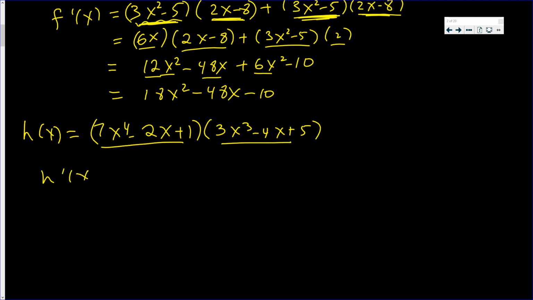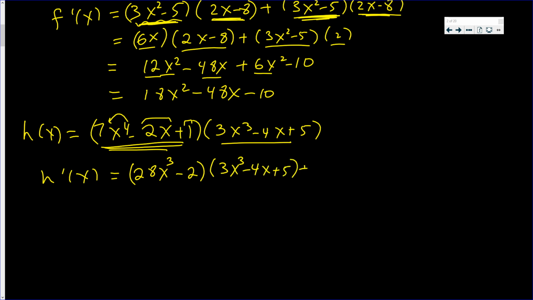The derivative says take the derivative of the first function, which is 4 times 7, make the new power 1 less, minus the derivative of a constant times x is the constant, and the derivative of a constant like 1 is 0. That's the derivative of the first times the second, plus the first, don't take the derivative of it, times the derivative of the second.